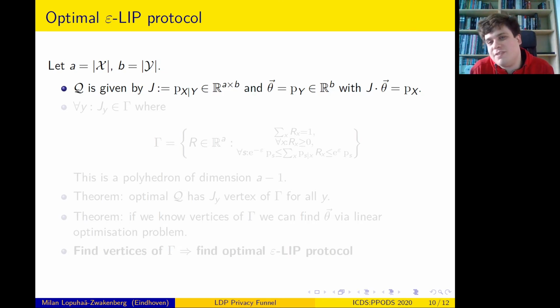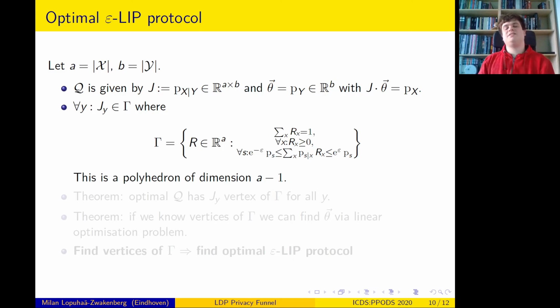These should satisfy that J times theta is the probability vector of X. But if you have such a J and theta, then you can work out what your protocol Q is going to be.